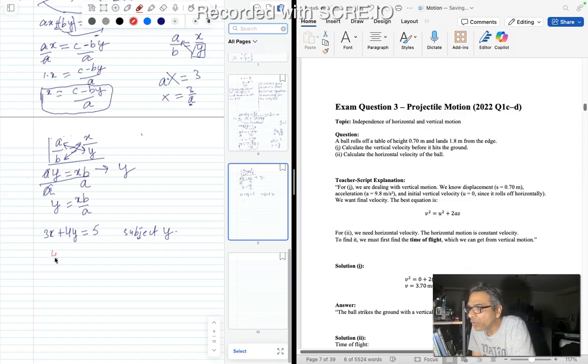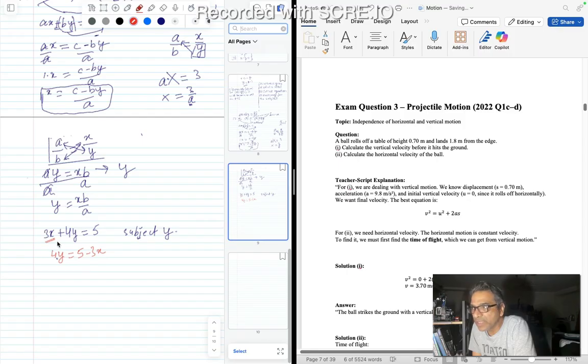So 4y equals 5 minus the whole expression 3x. If it is going to this side, it will become negative 3x.